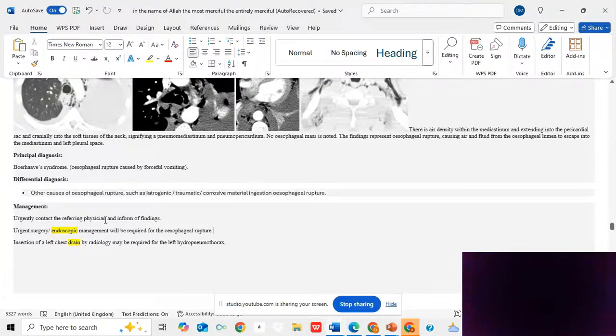Management: urgently contact the referring physician and recommend urgent surgery referral, as this patient likely needs urgent endoscopic management of the esophageal rupture, as well as insertion of a left chest drain for the management of the left hydropneumothorax. Okay.